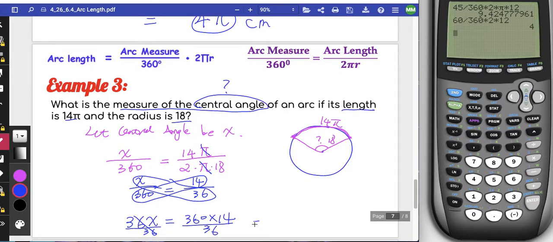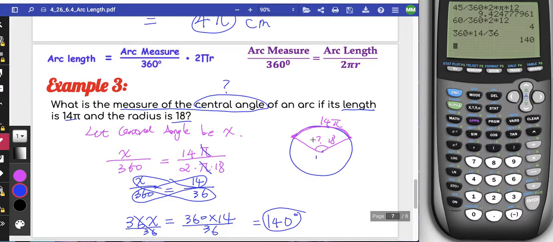If you want to use mental math, probably you already figured out the answer, but if you don't, then we can just do this. 360 times 14 divided by 36. Do not forget this can cancel as 10, so the answer should be 140. Okay, so that means the central angle is 140 degrees.